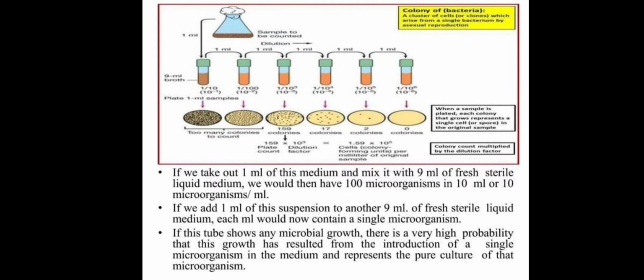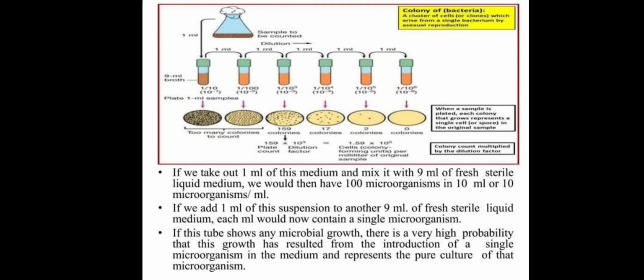If we take out 1 ml of this medium and mix it with 9 ml of fresh sterilized liquid medium, we would then have 100 microorganisms in 10 ml, that is 10 microorganisms per ml.